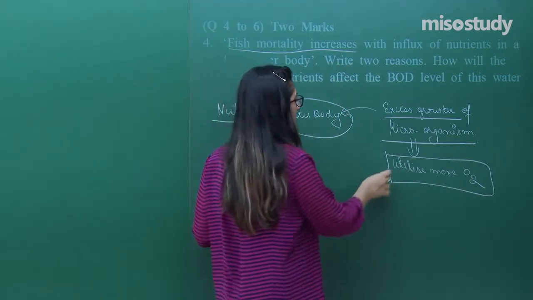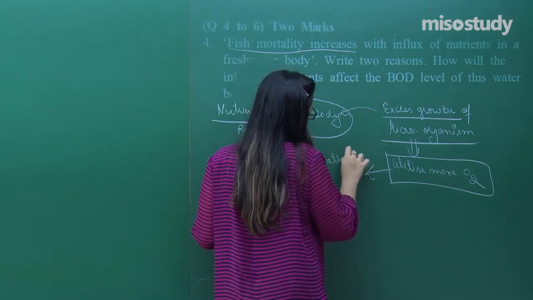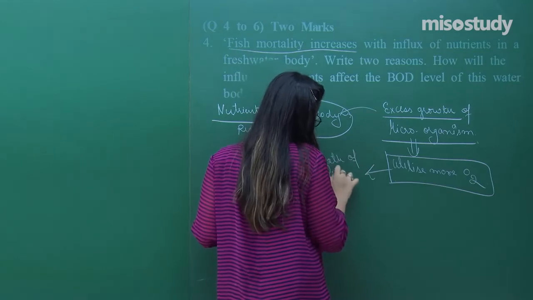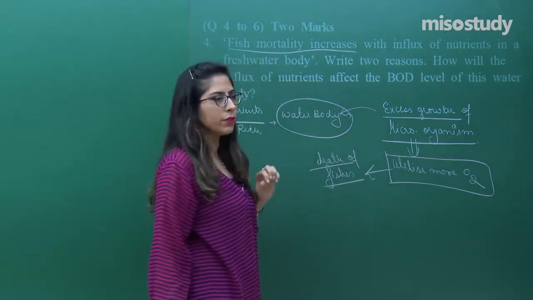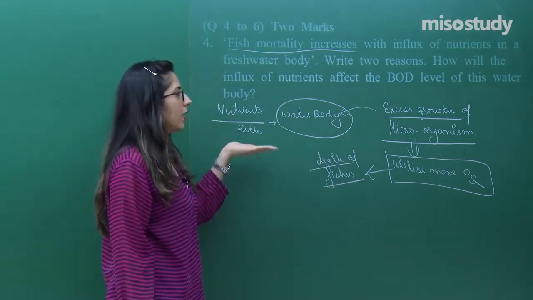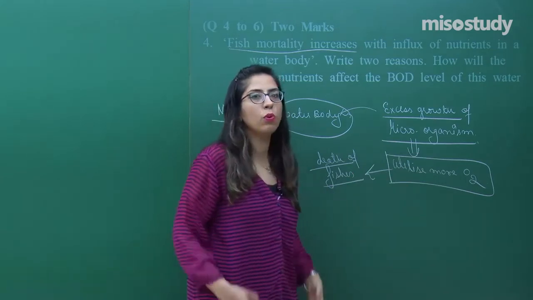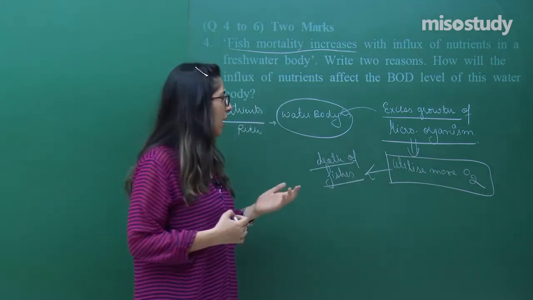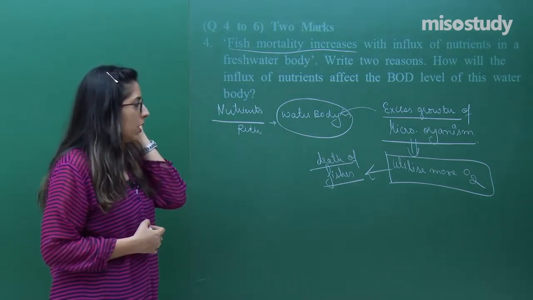It will not be available. That ultimately causes the death of fishes. Nutrient rich water body, excess growth of microorganisms will happen, and they will utilize more oxygen because they have to convert these organic nutrients into the inorganic form.